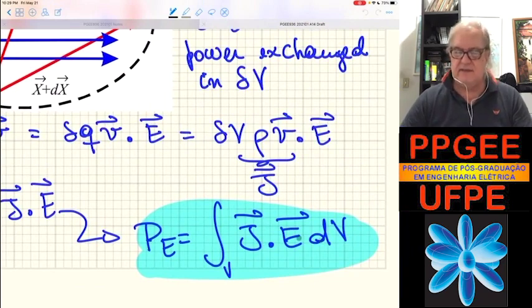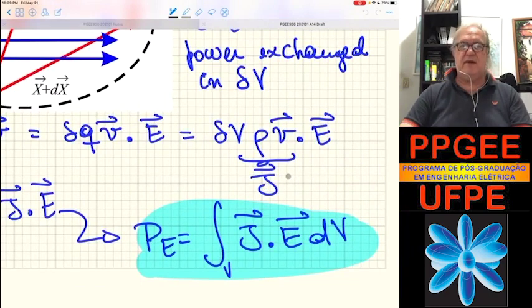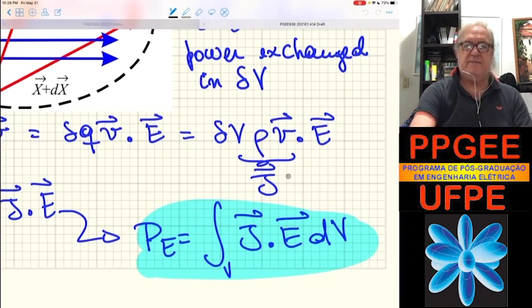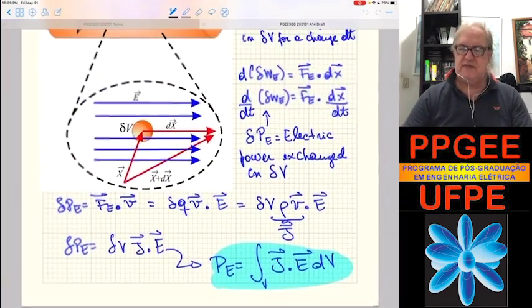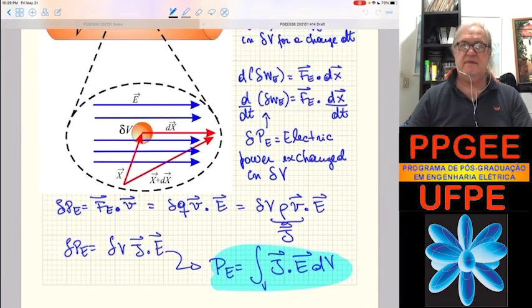That's a simple formula, right? It means that power exchange is the dot product between J and E. And then we have very important consequences of this formula.